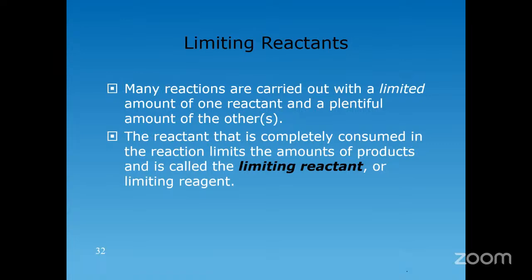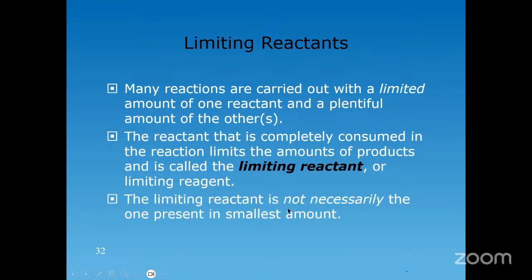The limiting reactant is the reactant that is completely used up in a reaction. It's called limiting because it is also the reactant that determines how much of the product you expect to get. So it limits the amount of product one is expecting from the reaction.